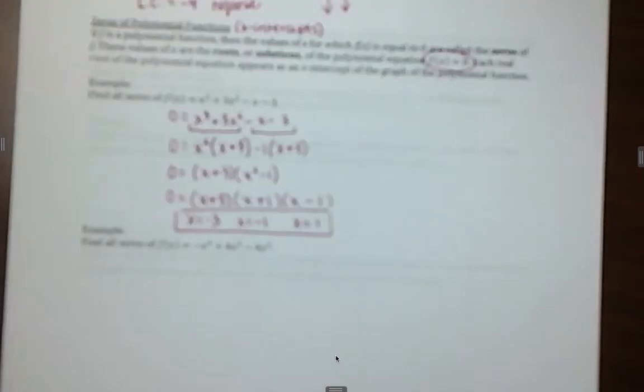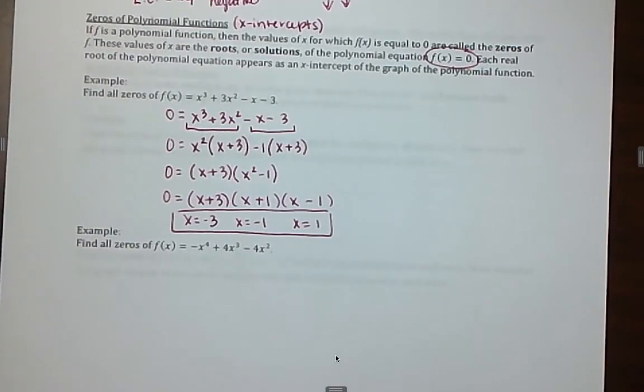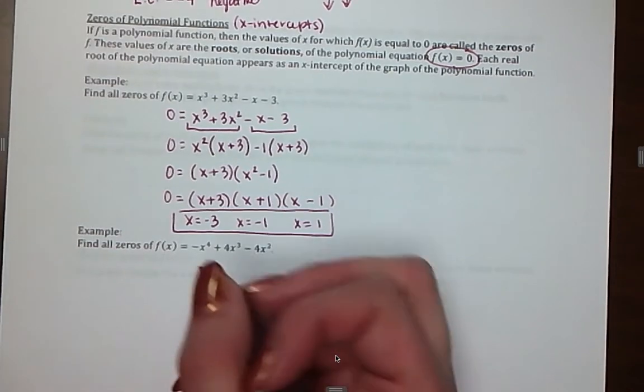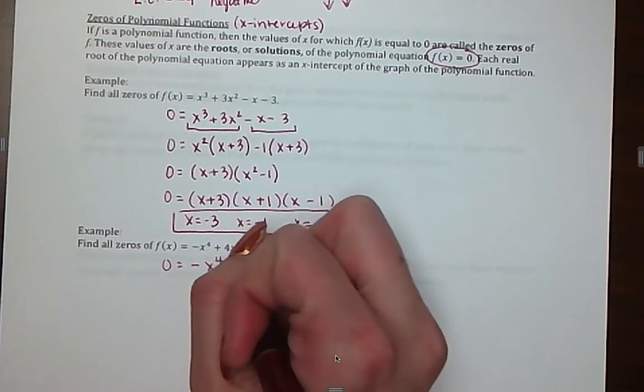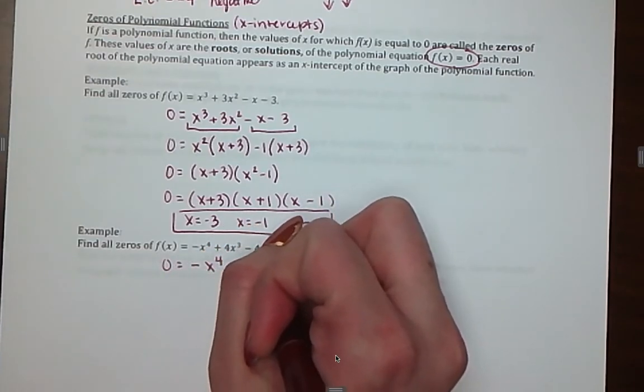Okay, look at the next one. f of x equals negative x to the 4th plus 4x cubed minus 4x squared. We have 3 terms, so check for a GCF. Is there a greatest common factor? x squared. And also, since we start off with that negative, I'm going to say our GCF is a negative x squared.